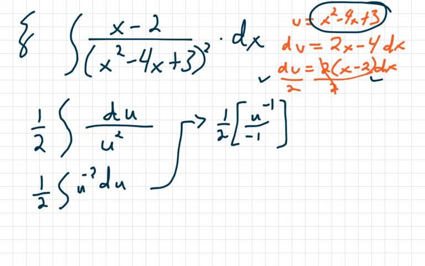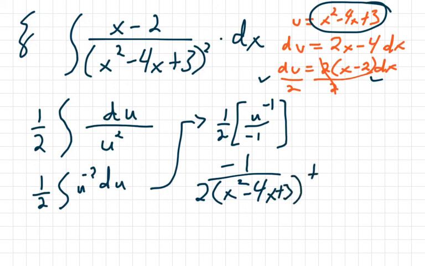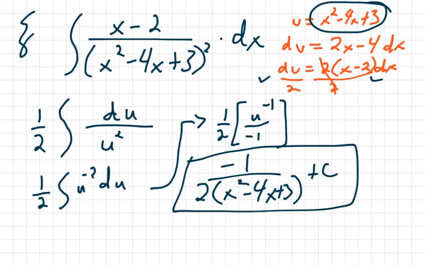And then I can substitute everything back in. So that's going to be negative 1 over 2, my u is downstairs now because it's a negative exponent, x squared minus 4x plus 3, and then plus the constant. Okay.